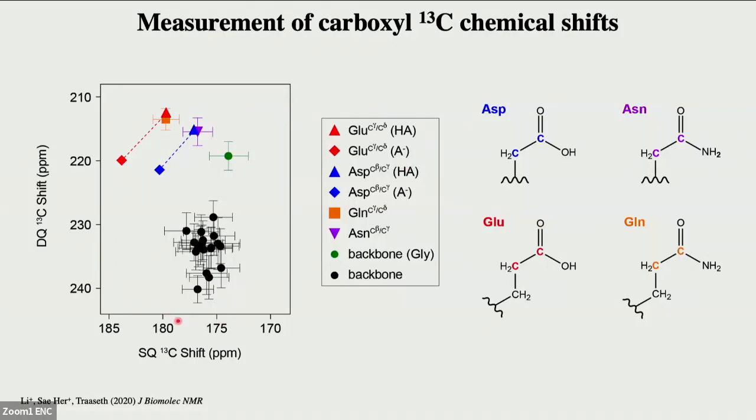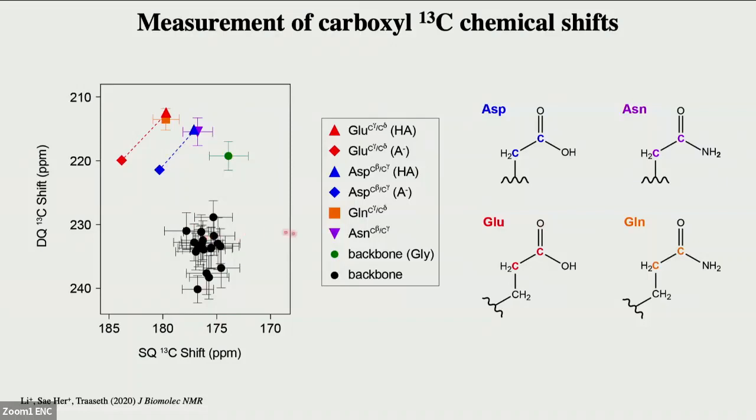The glutamate and the aspartate residues are located in a very frequency selective region of the spectrum in this double quantum, single quantum correlation relative to the backbone sites. So we could get some natural frequency differences to get resolution.